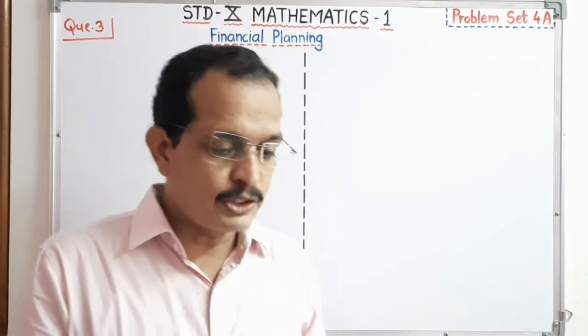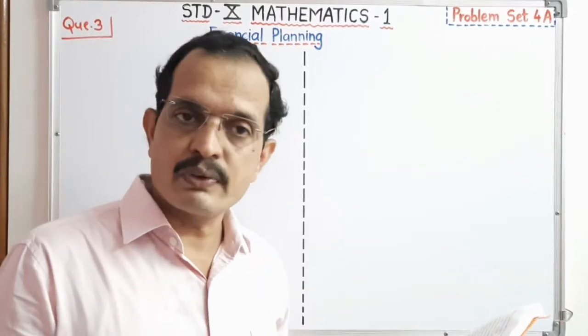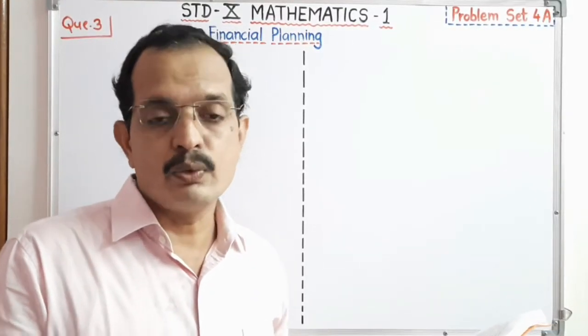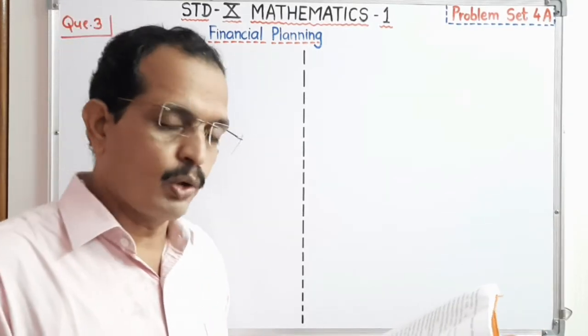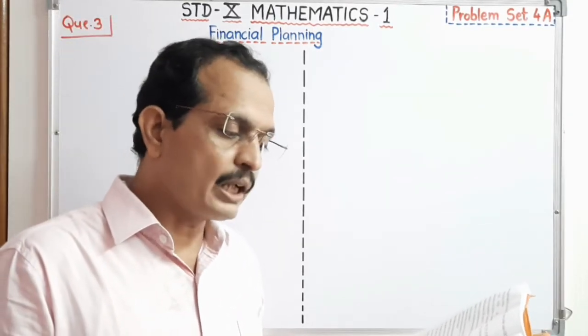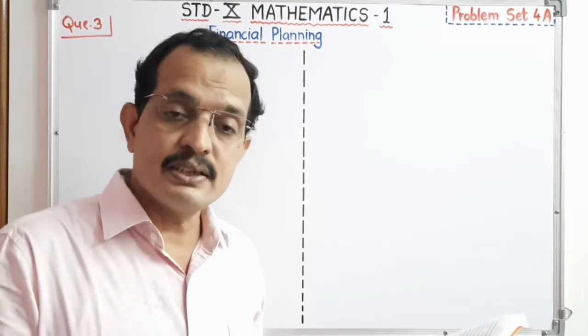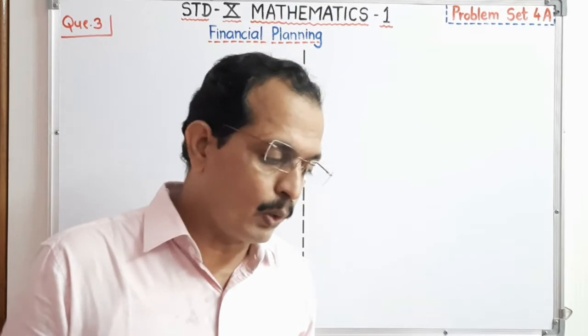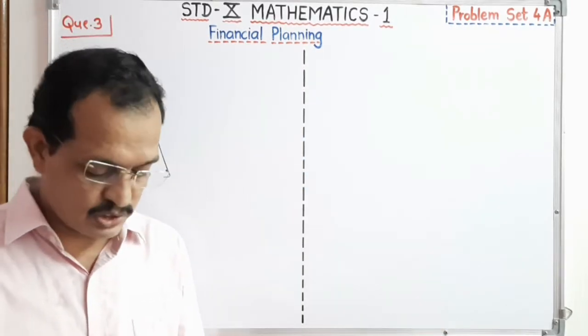See, as in the first sum, the printed value was 25,000 and the dealer gave 10% discount. In the same way, the printed price of the dress is rupees 1,000 and 5% is the discount on it.